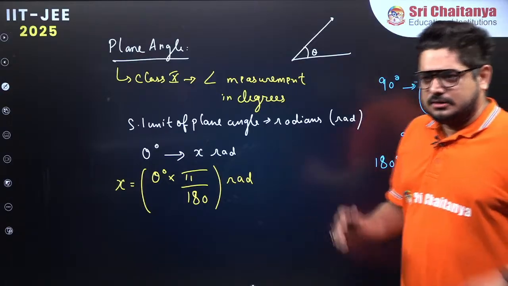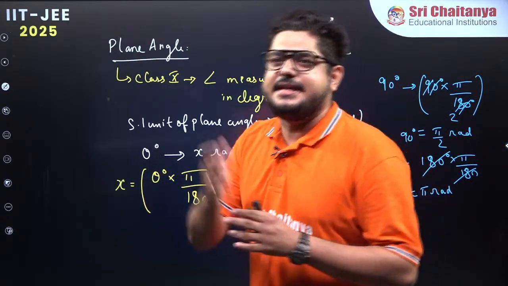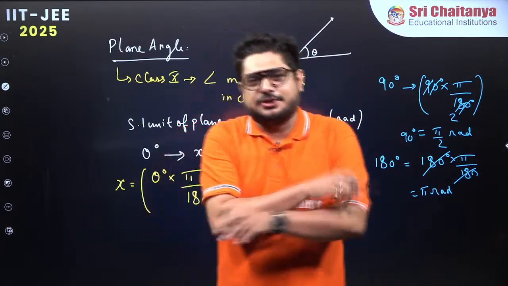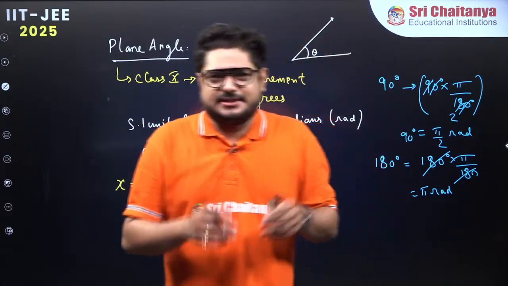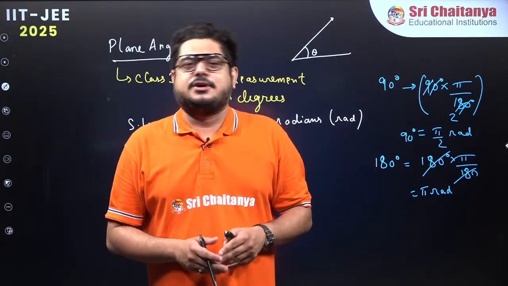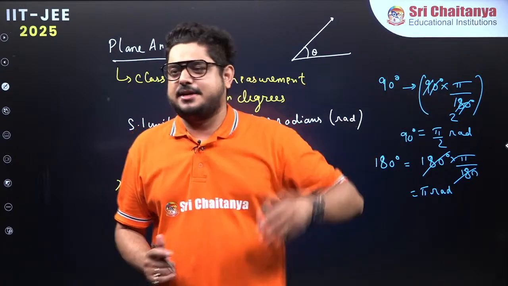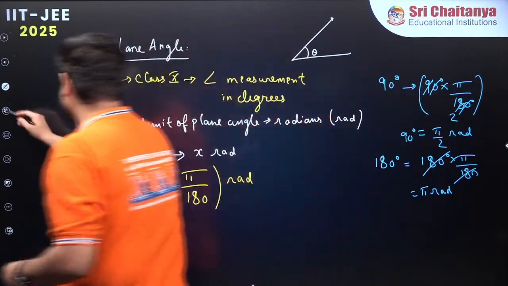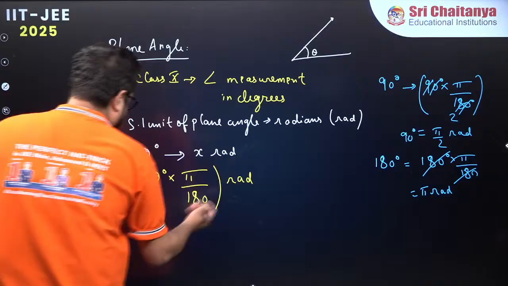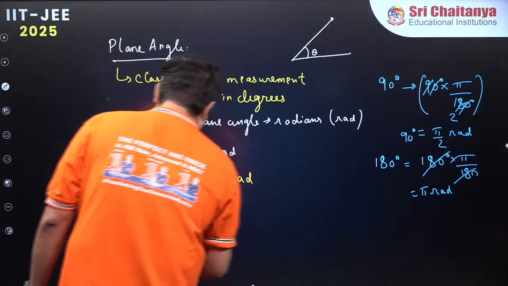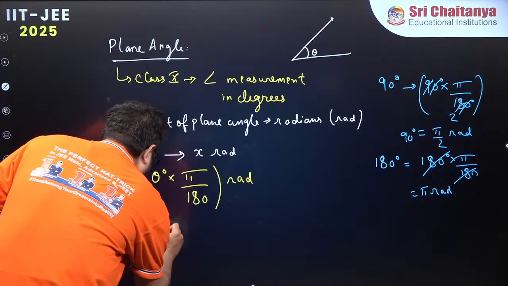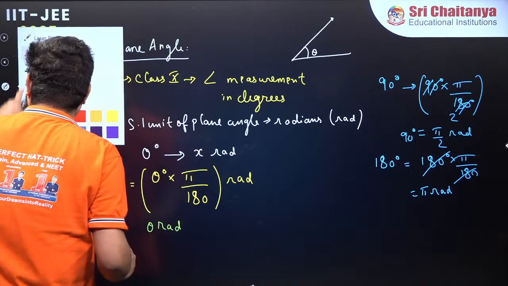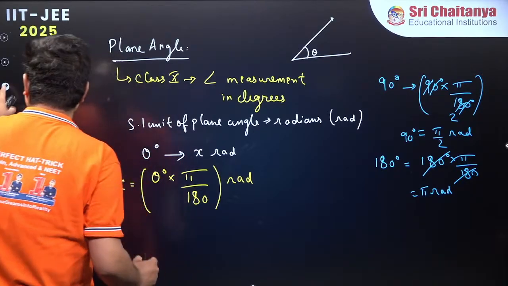So what is going to be the reconversion formula? This is how you can convert degrees into radians. Now obviously you should know a formula to convert radians back to degrees.